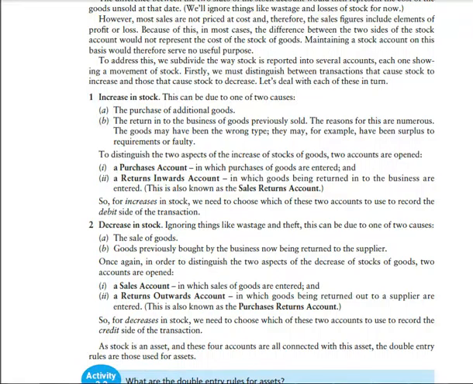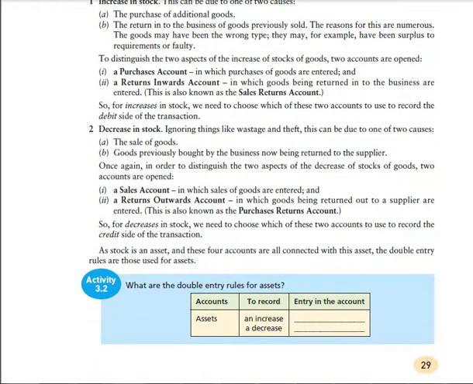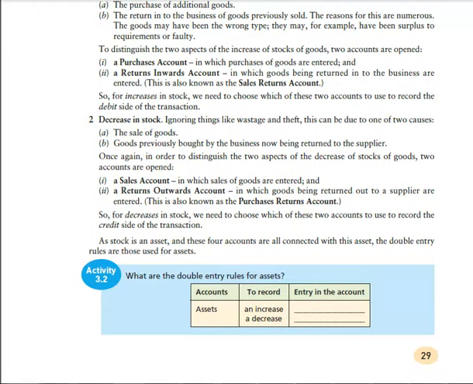In decreases in stock, the two accounts would be a sales account, to record sales of goods, and a returns outward account, used to record goods we have returned to the supplier. So in terms of stock, these are the four accounts we need to know: purchases account, sales account, return inwards account, and return outwards account.